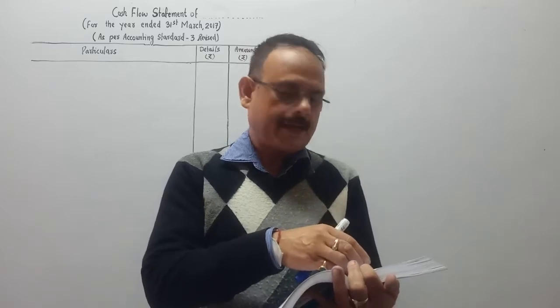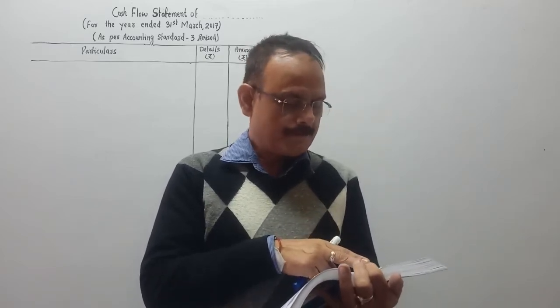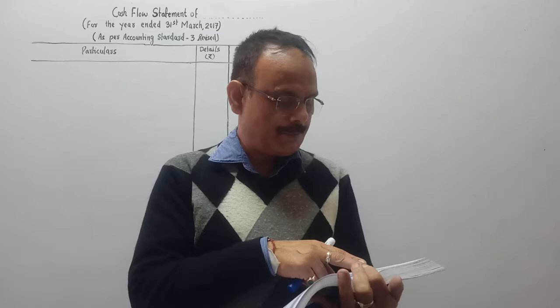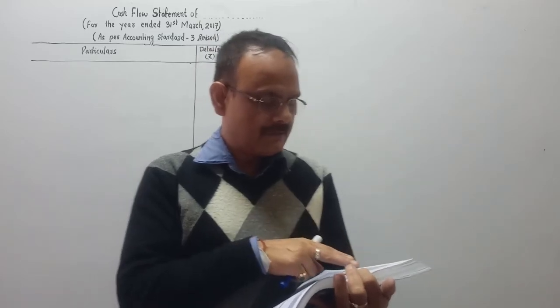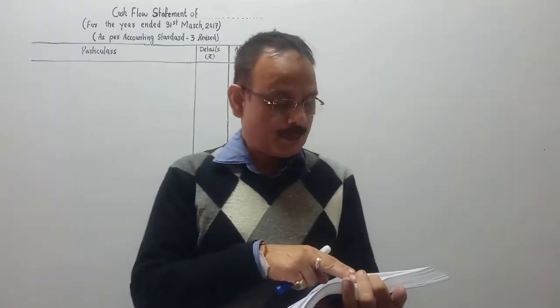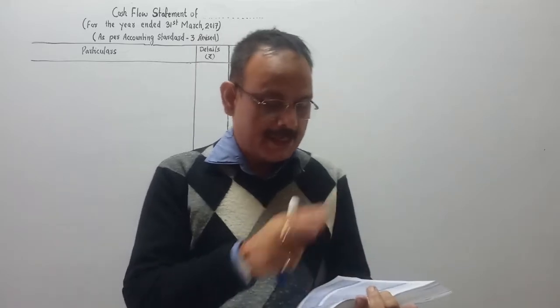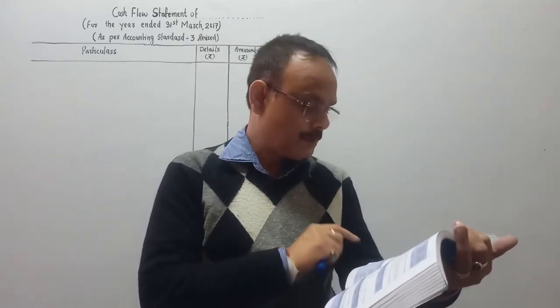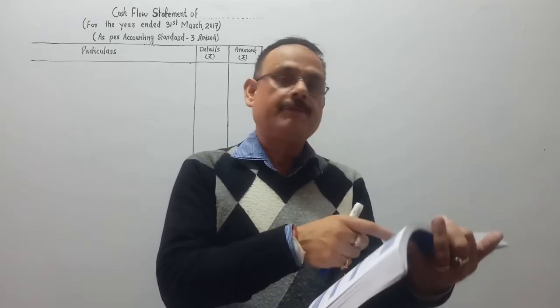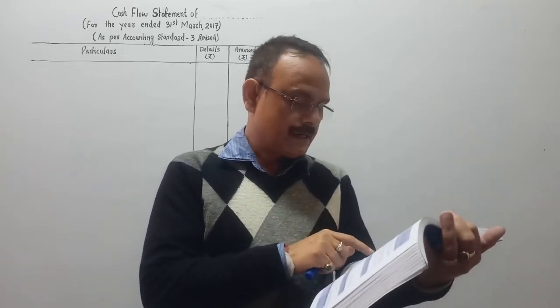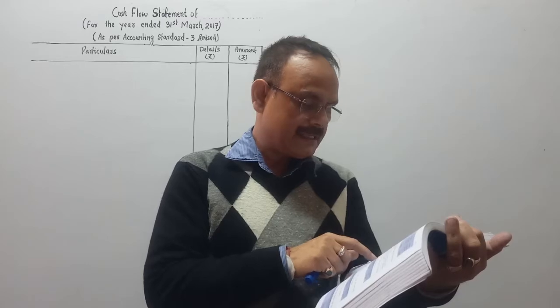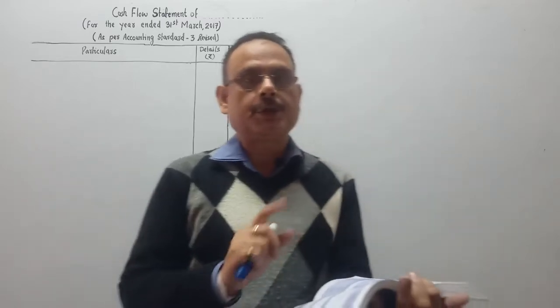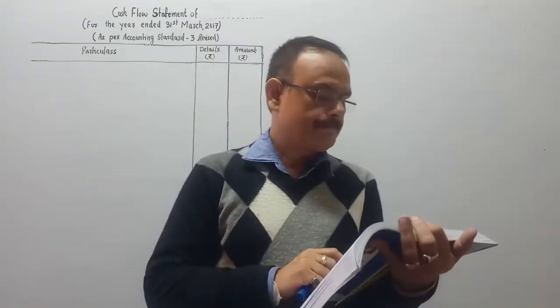Equity and liability side, shareholders fund. Under shareholders fund, equity share capital, reserve and surplus, note number 1. So you refer immediately to note number 1. What is written about the reserve and surplus in note number 1? It is general reserve and balance in statement of PL for the two consecutive years.